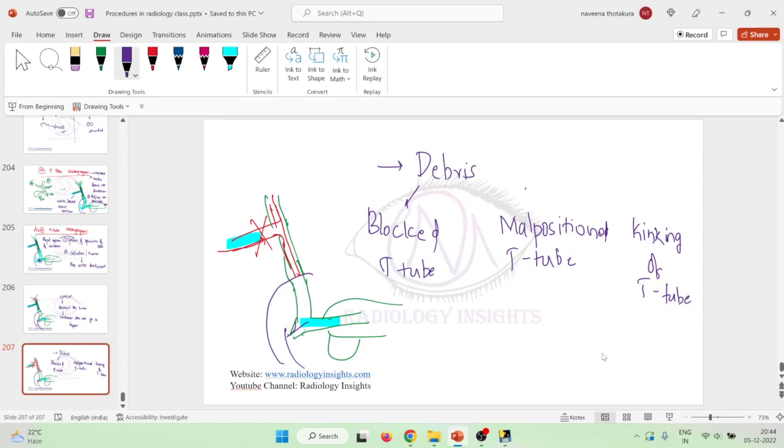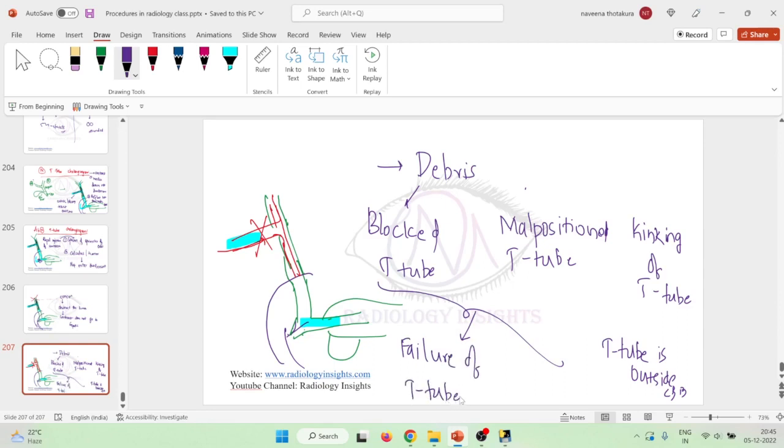Or the T tube is outside the CBD. In all these conditions, the contrast media will not enter the limbs of the T tube.